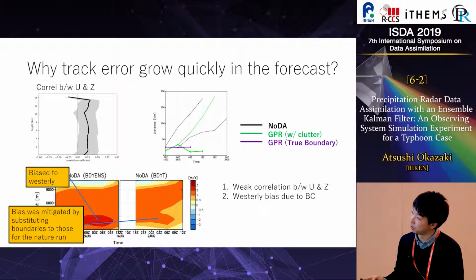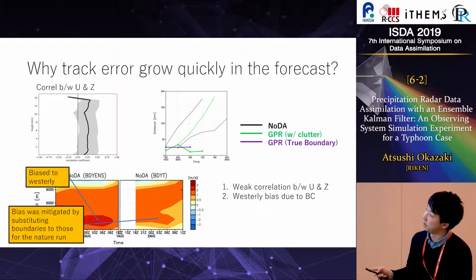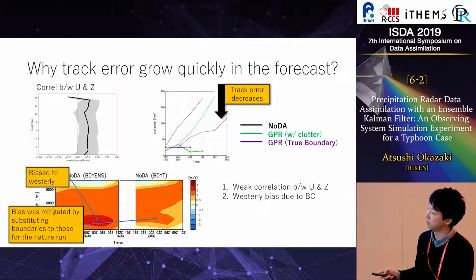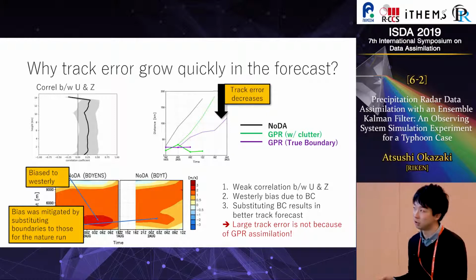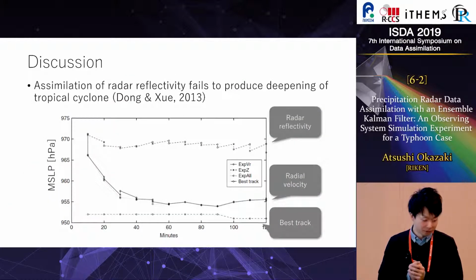Also, I used this true boundary condition and simulated radar reflectivity. The forecast error decreased. So substituting the boundary condition results in better track forecast. The message here is that the large track error is not because of GPR assimilation, but because of the boundary conditions or maybe initial conditions.